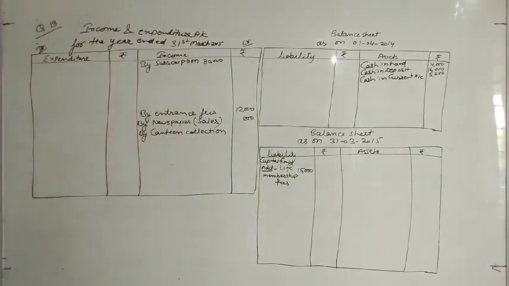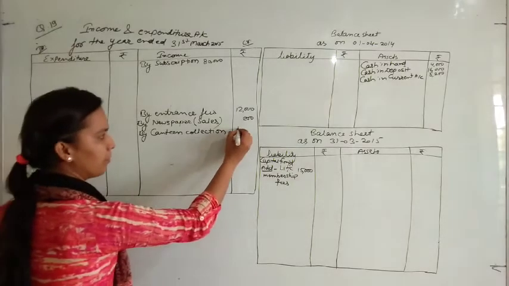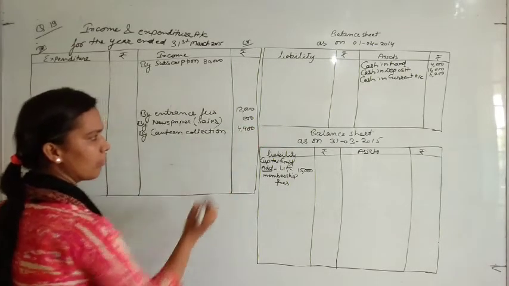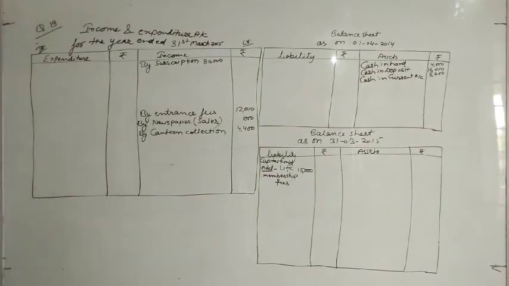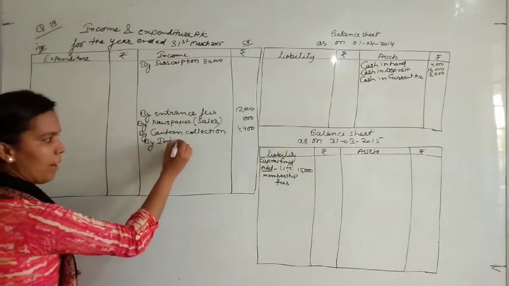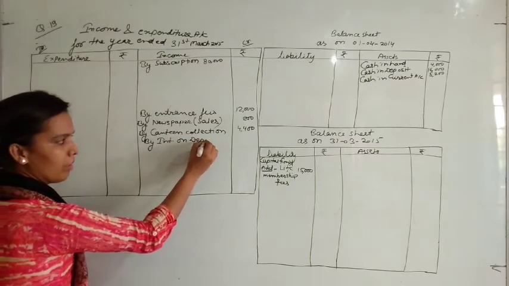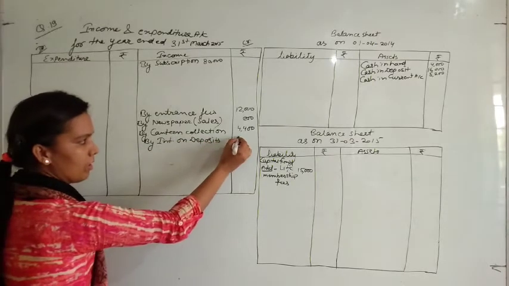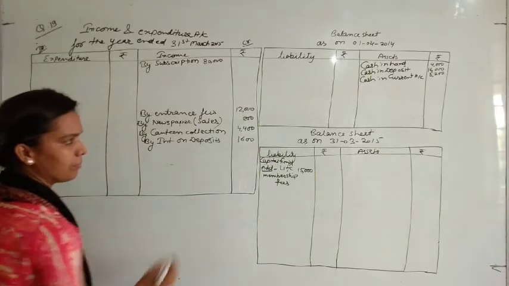By canteen collection, 4,400. Next point, interest on deposit. Interest on deposit is also a kind of revenue income. By interest on deposits, that is 1,600.